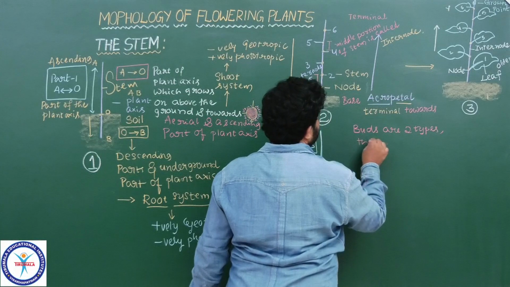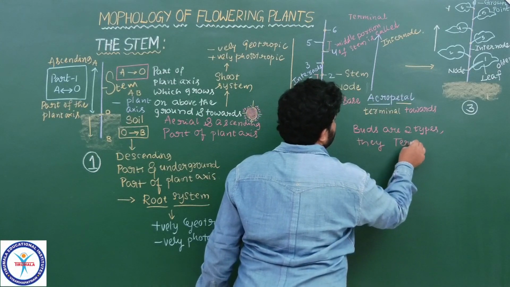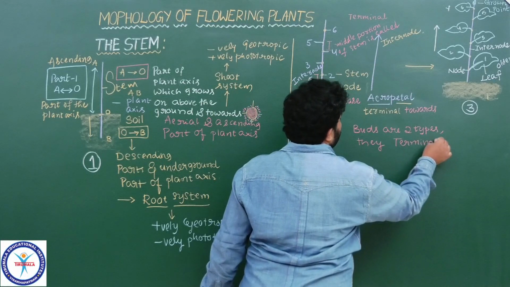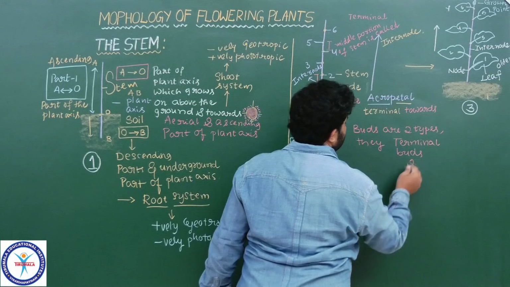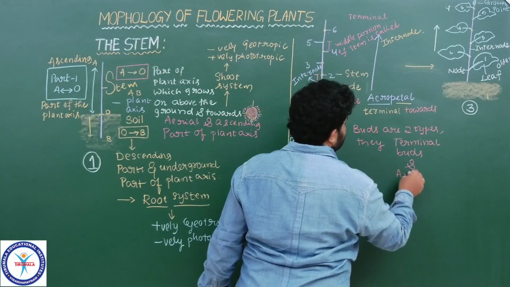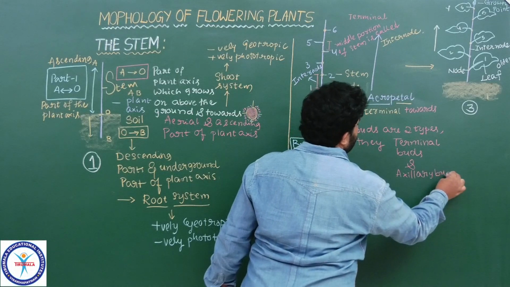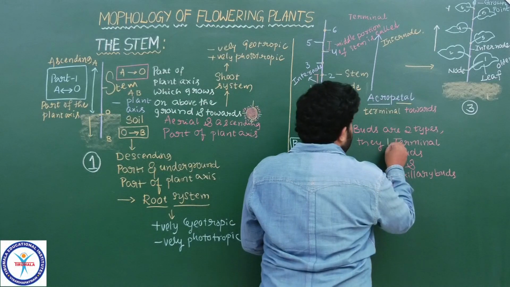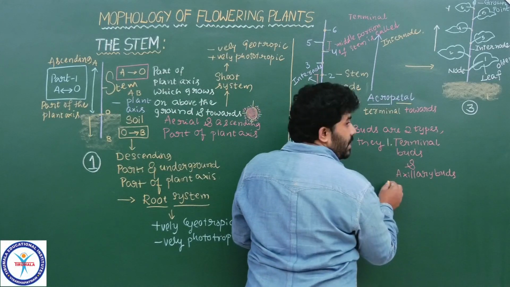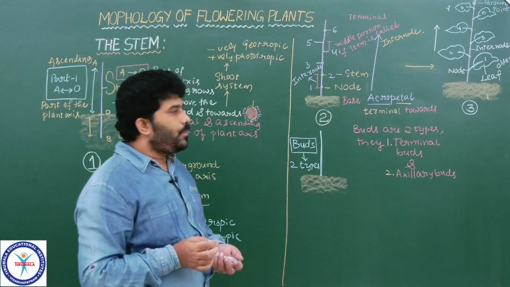They are terminal buds and axillary buds. Now you got the point. Two types of buds we generally see: the first one is terminal buds and the second one is axillary buds.